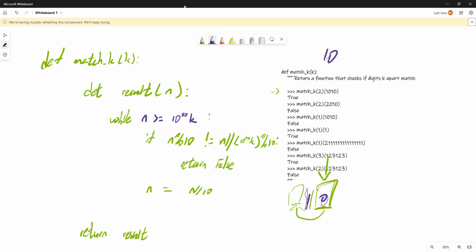I mean here, if you use 10 divided by 100 with floor division, that's not 0.1, it's equal to 0. So what does the 0 mean? A 0 in the condition means false, so the condition cannot be met. We end the while loop and return true, which means there's nothing left to check.